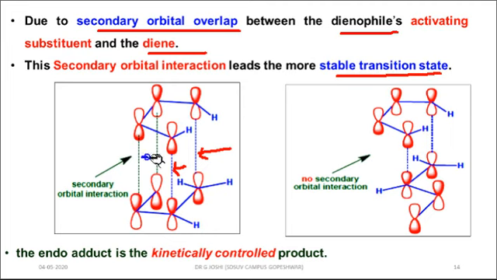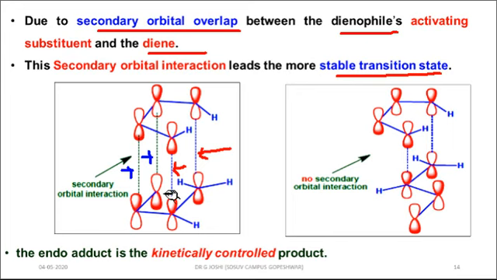However, this bond and this bond are formed because of the secondary orbital interaction between the same phasing orbital of the HOMO of diene and the same phasing orbital of the LUMO of dienophile. This secondary interaction of orbitals increases the stability of the transition state and makes the formation of product faster.